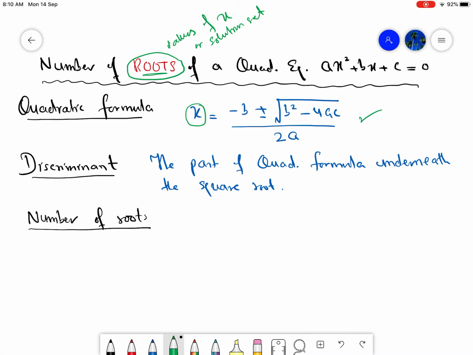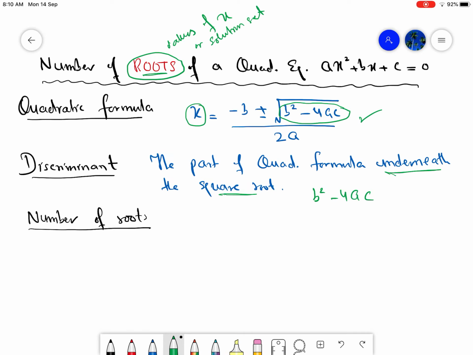In the next step you can see that I have written down discriminant. The discriminant is the part of the quadratic formula underneath the square root. So b squared minus 4ac is called the discriminant of the quadratic formula.